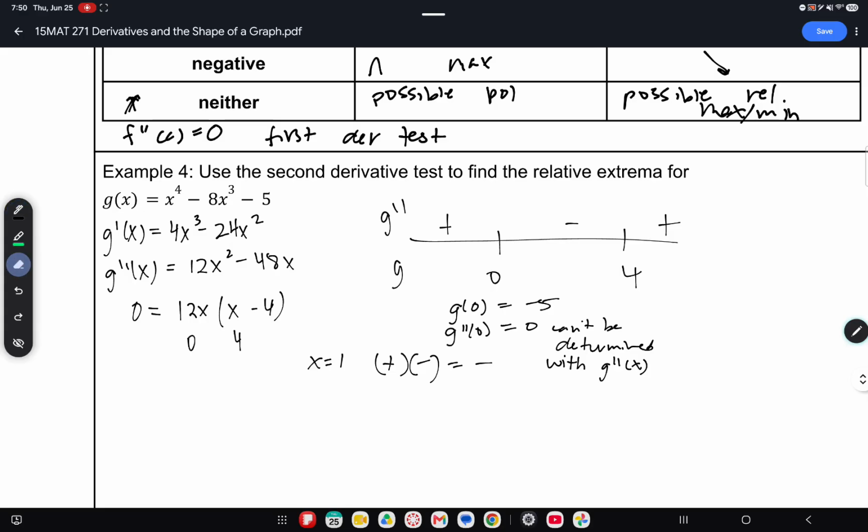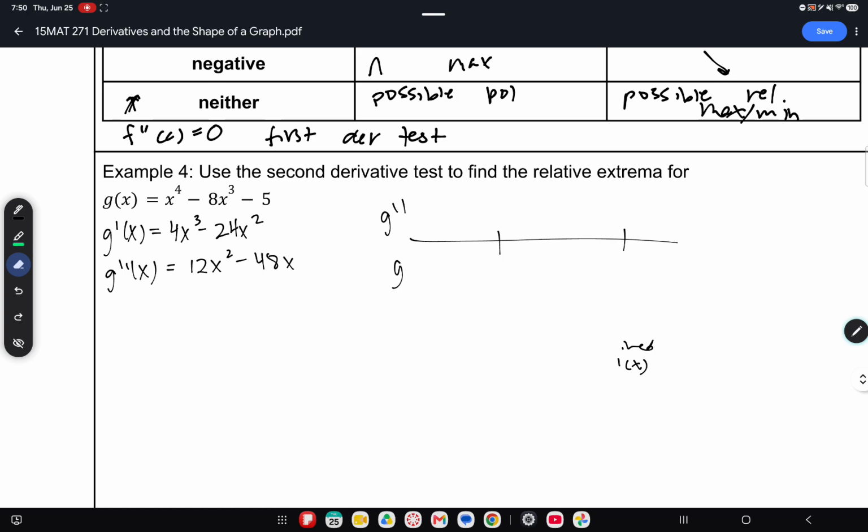And oh my goodness, these numbers are not right here, because I want the critical numbers of the first derivative, and I'm just substituting it into the second derivative. So I need to go back to that first derivative. So I get 0 and 6.